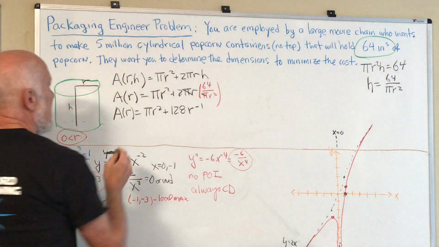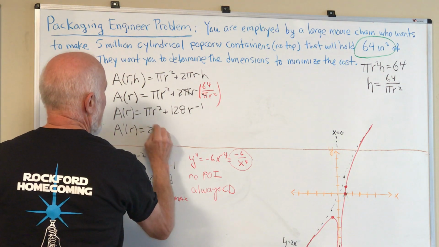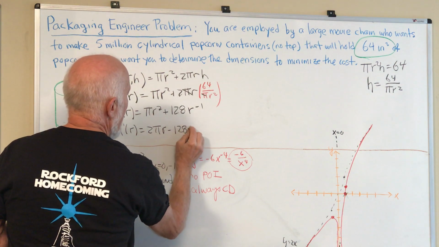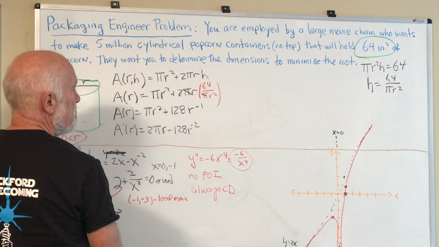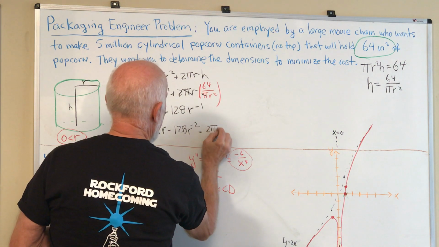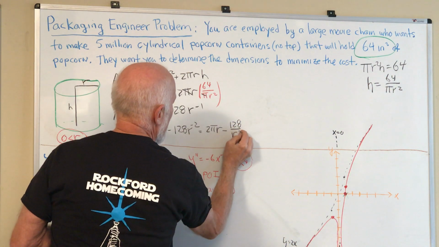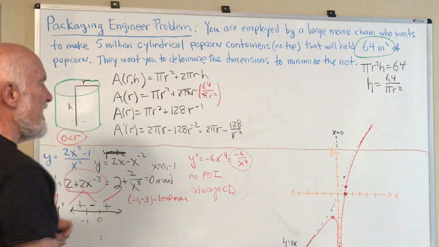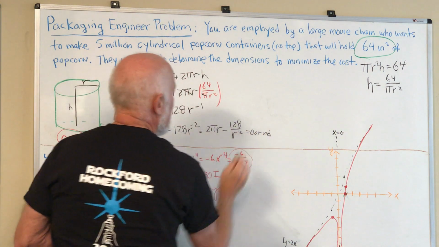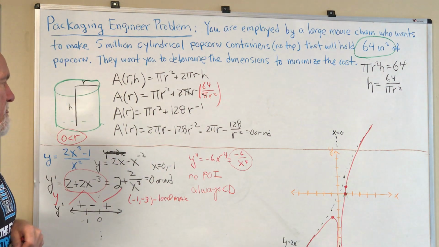So now when I go to take my derivative, I get 2 pi r minus 128 r to the negative 2, which I'm going to write 2 pi r minus 128 over r squared. And I want to set that equal to 0 or undefined. Well, it's only going to be undefined at r equals 0.